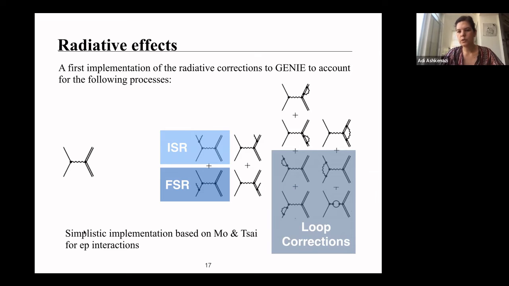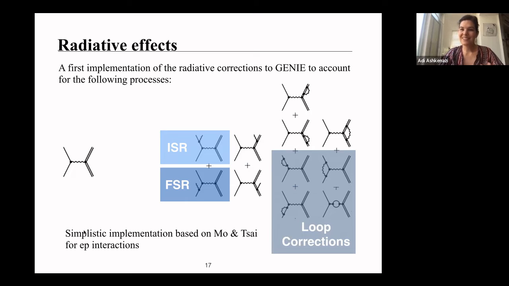This is very similar to what was done in CMC for JLab. We took into account initial and final state radiation only for the electron side and some loop corrections, again ignoring the proton side, and implemented inside GENIE the basic approach, and then later using some of Van der Hagen's methodology in order to implement it into an event generator.